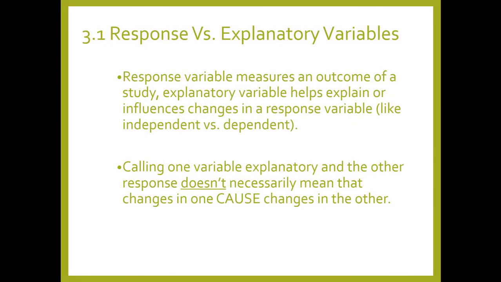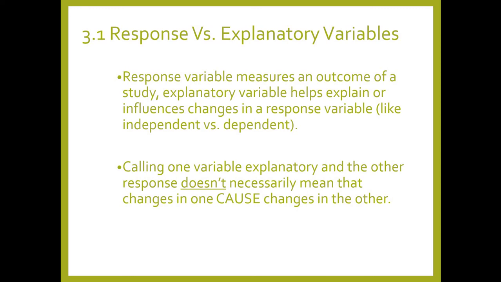All right, so 3.1, response variables versus explanatory variables. So the explanatory variable is like your independent variable. It's the one that you are trying to show causes a change in the response variable or the dependent variable. And one is going to be our x, one's going to be our y.